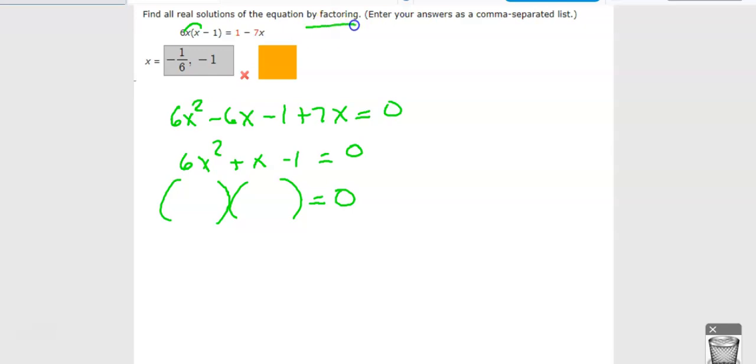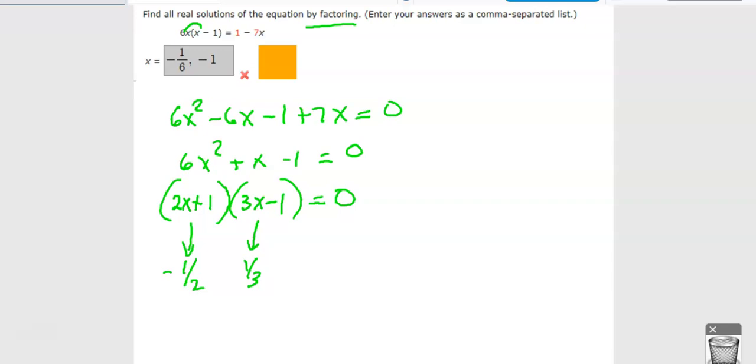It says solve by factoring. You could technically use the quadratic formula if you want, but I think factoring is superior. So 2x plus 1 and then 3x minus 1. And then you set this equal to 0, and you get negative 1/2. You set this equal to 0, and you get positive 1/3. And you can always check your answers as well.